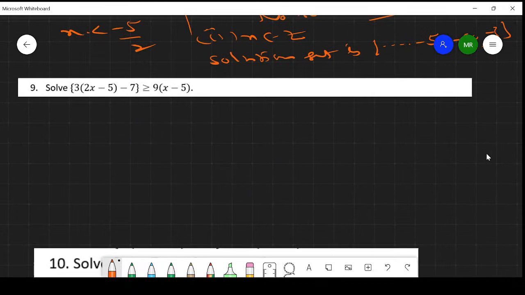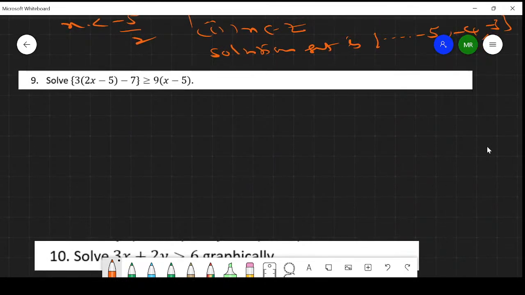See the ninth problem. Solve 3 into 2x minus 5 minus 7 greater than or equal to 9 into x minus 5. Just expand the bracket. You will get 6x minus 15 minus 7 greater than or equal to 9x minus 45.